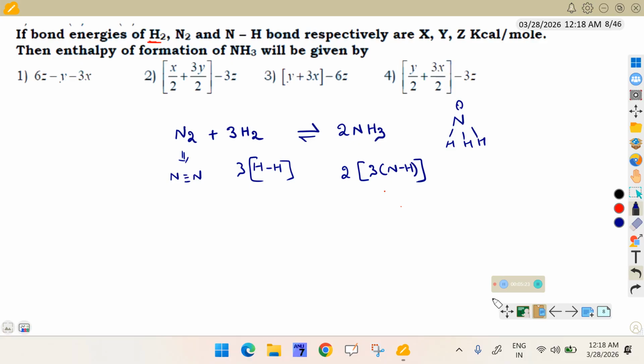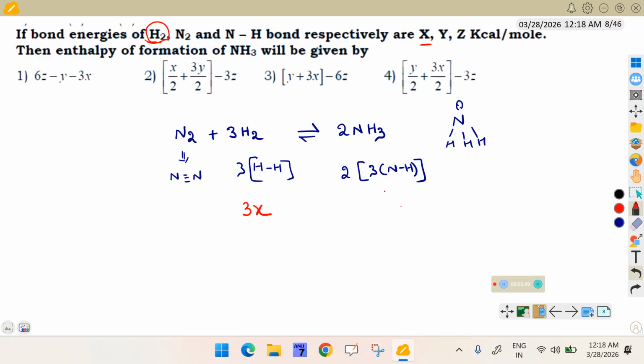Bond energies of H2, N2 and N-H bonds respectively are X, Y, Z kilocalorie per mole. Then what is the enthalpy of formation of NH3? See, bond energy of H2 is given, started with H2. H2 bond energy is X, so 3X.